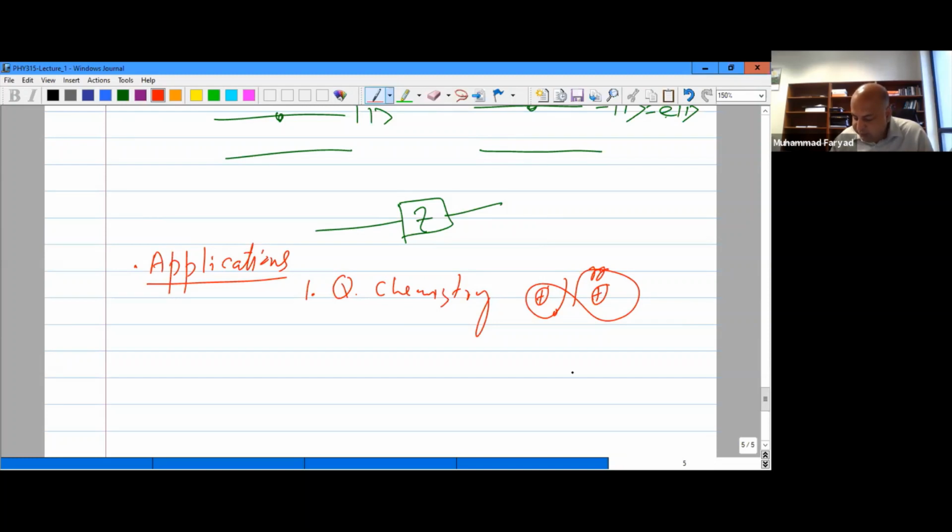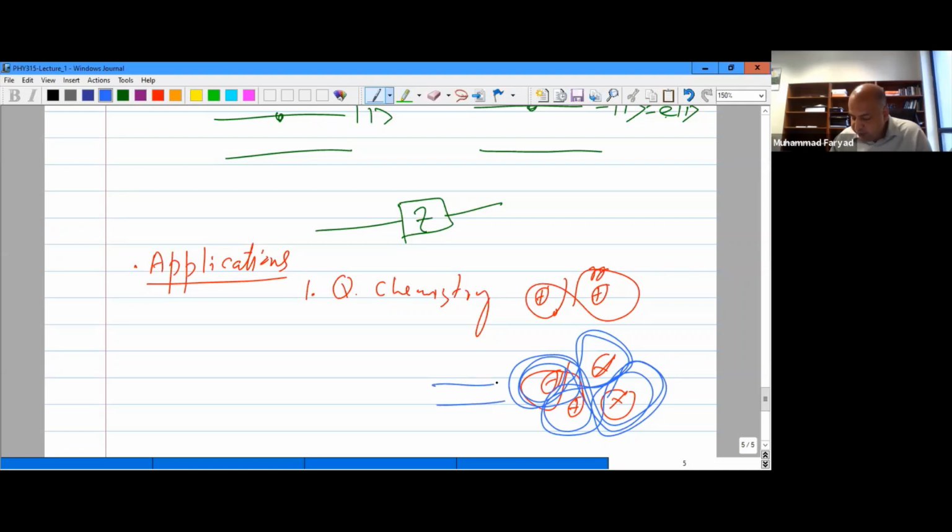Or you have, let's say, a hemoglobin molecule, there are a bunch of nuclei, and there are a bunch of electrons going around, and there could be hundreds of atoms and thousands of electrons present in this molecule, and you want to compute its energy levels. And this is important because when you are designing a drug, that is also a molecule.